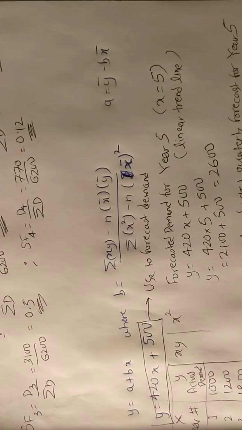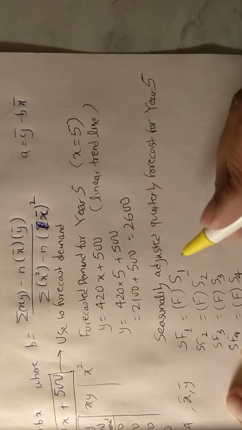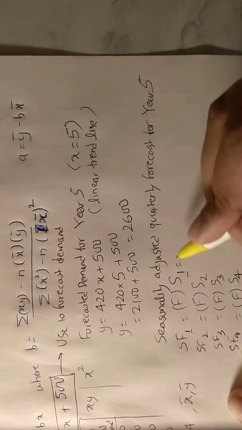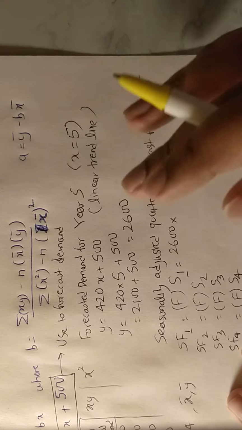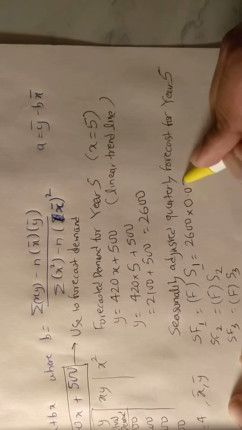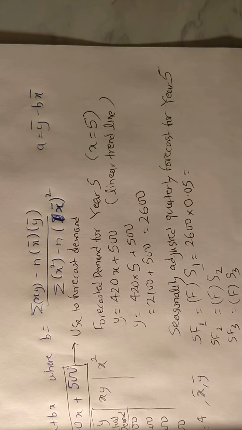So let's figure out these quarterly forecast values. SF1, we just calculated the forecast. That was 2600 times S1, which is 0.05. So that is SF1, and that is equal to 2600 times 0.05.